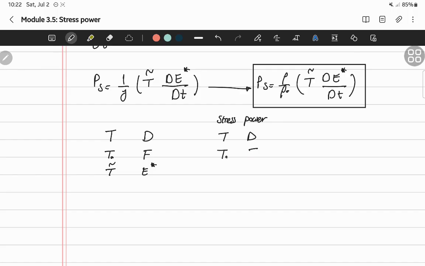We have T0 with df dt, or f dot, and here we have t tilde with de star dt, or e star dot. So for the stress power, these are the conjugate pairs, and remember that these are dots, so these are the rates of these deformation tensors. It's very, very important.